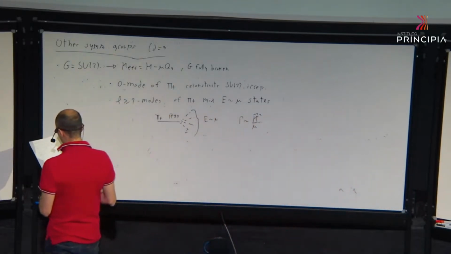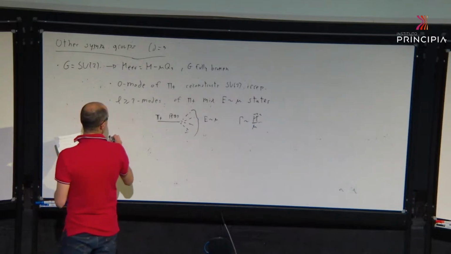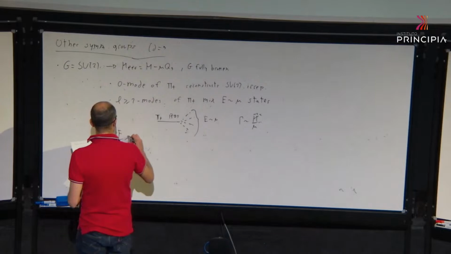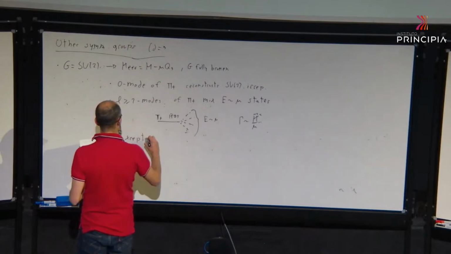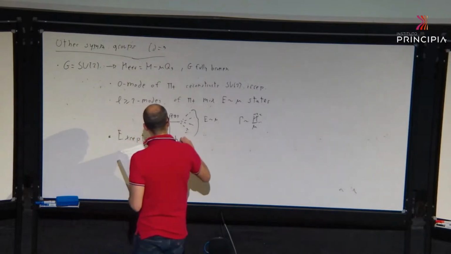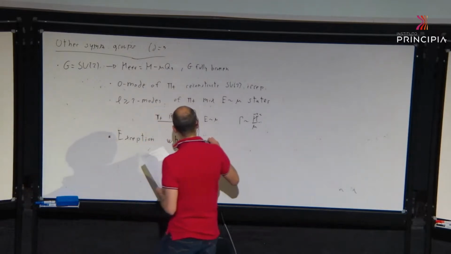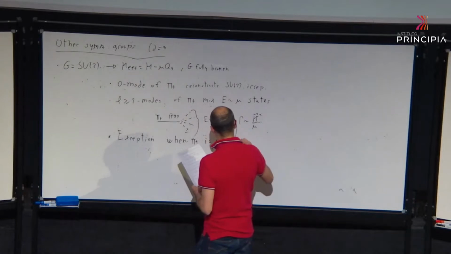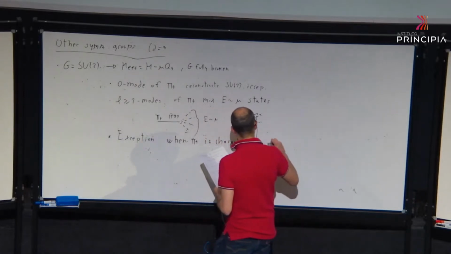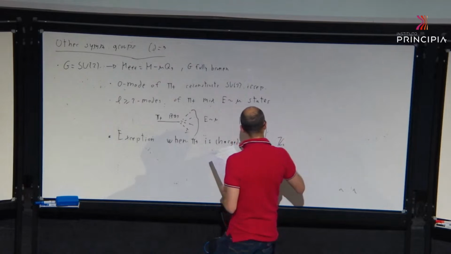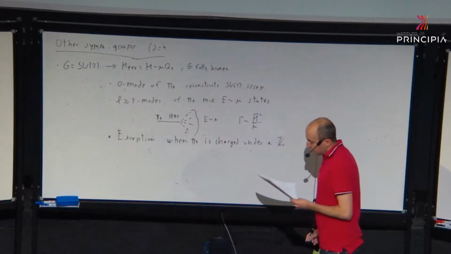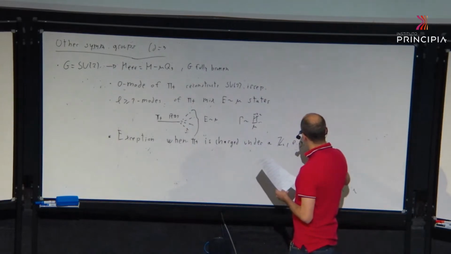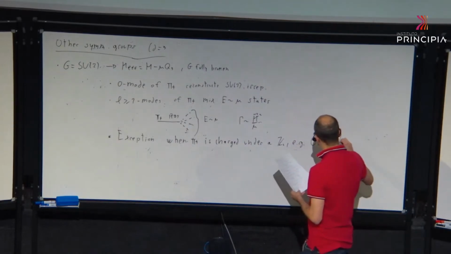Yeah, thanks. Okay, but they're actually also sometimes useful in the CFT, because there is of course an obvious exception, which is when the gapped Goldstone is charged under a discrete symmetry, let's say a Z2 or another discrete symmetry. The reason I'm mentioning this is that this is precisely what happens in the O(3) model in 3D.